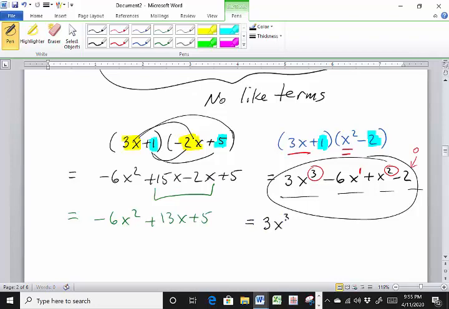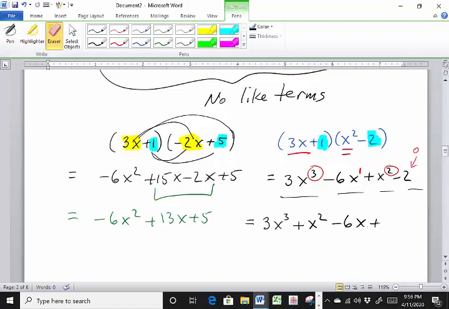The 3x cubed is good where it's at, but let's put the x squared in the second place. So plus x squared, and then first degree minus 6x, and then our 0 degree, which is negative 2. So subtract 2.